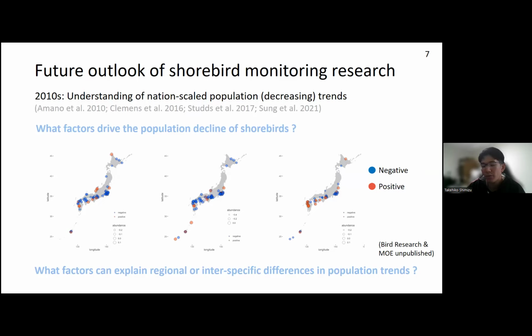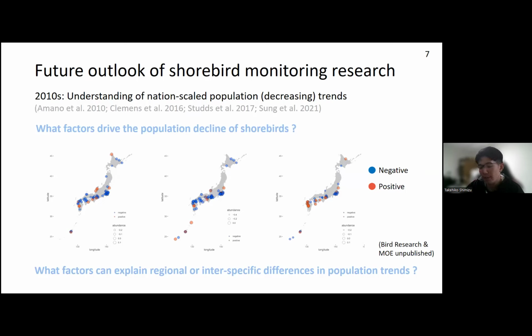After that, new issues arose. For example, what factors drive the population decline of shorebirds? Another question is what factors can explain regional or interspecific differences in population trend? In other words, previous work answered the question whether the population trend is increasing or decreasing.